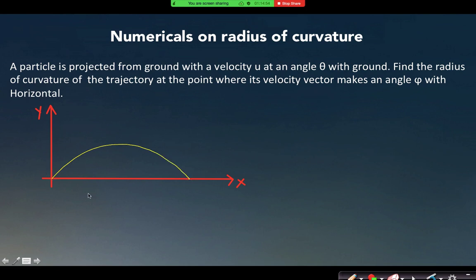At this particular instant, its initial velocity vector is u. After some time, its velocity vector is v. It is given that this velocity vector v makes an angle phi with the horizontal line, and the u vector makes an angle theta with the horizontal line.